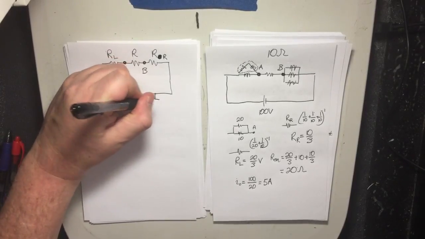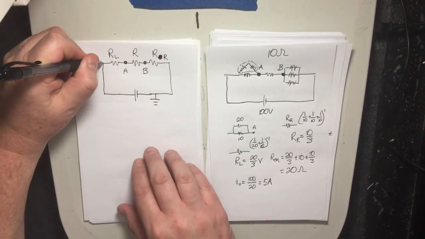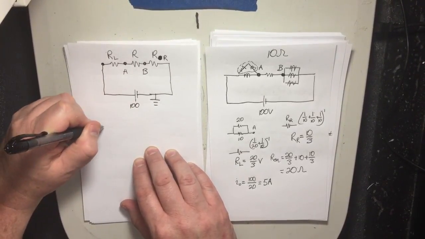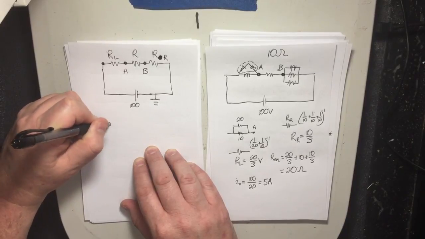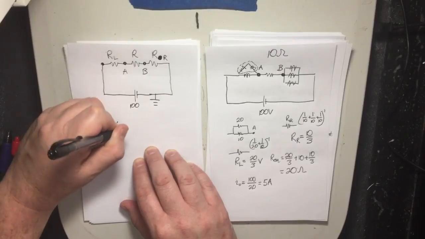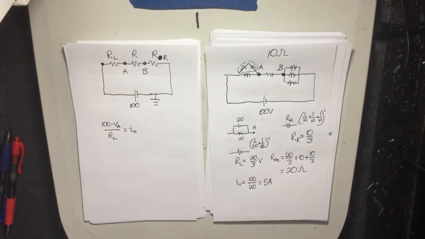Let's just put grounds right there. For the left resistor, 100 minus VA over RL is equal to I naught. The current running through the whole thing is the same current total that's running through RL and R in the middle and R sub R on the right.